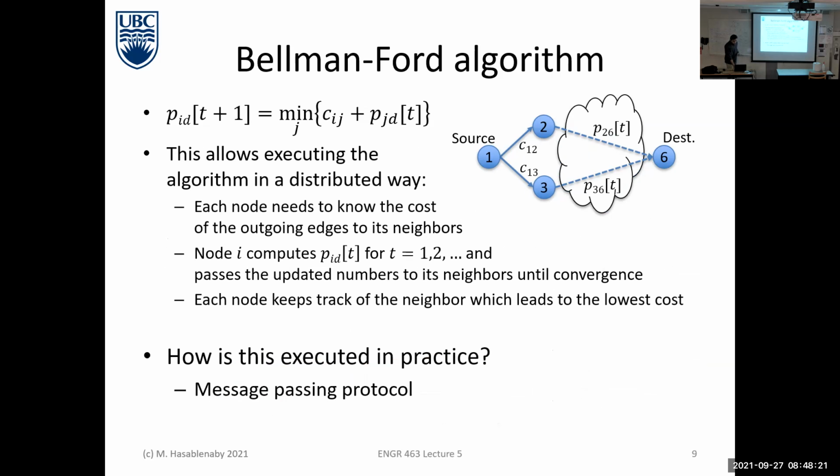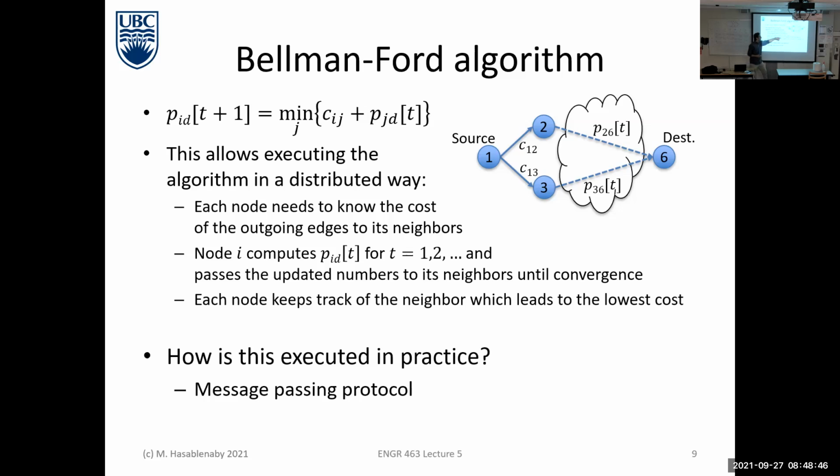Okay. So this is a summary of the Bellman-Ford algorithm. We want to minimize this function, the cost between node I and node J, plus the path cost from node J to the destination. As you can see here, each node needs to know the cost of the outgoing edges to its neighbors.